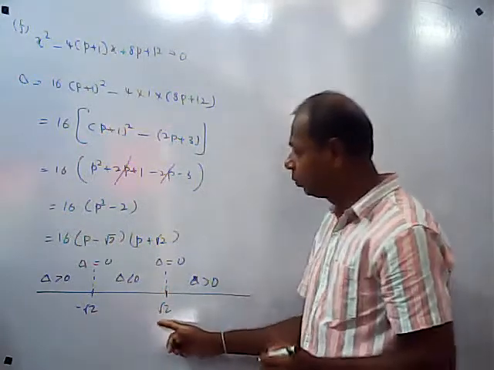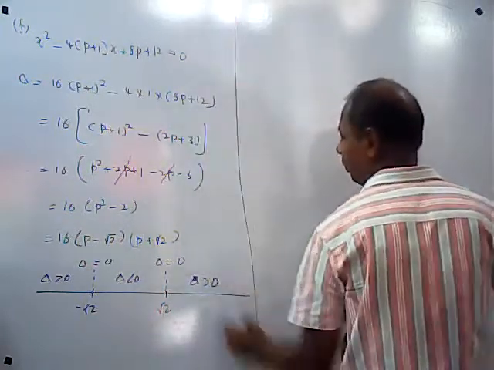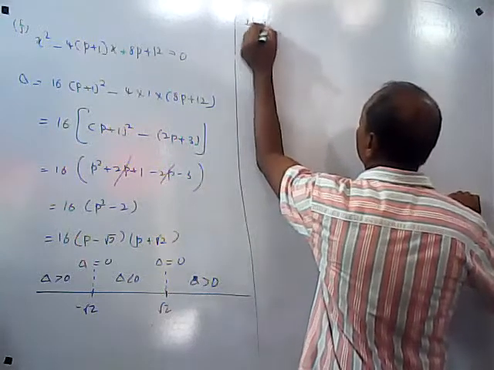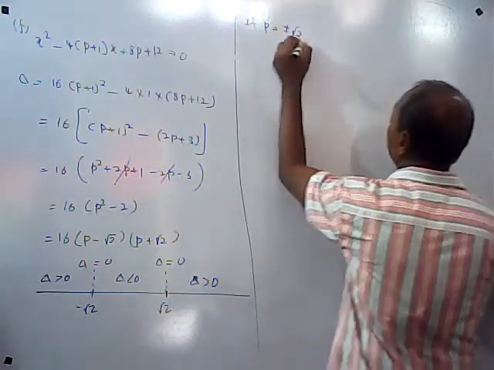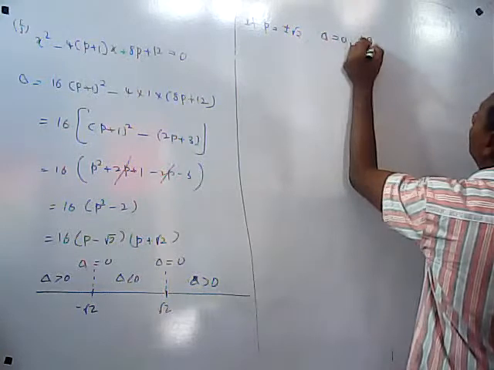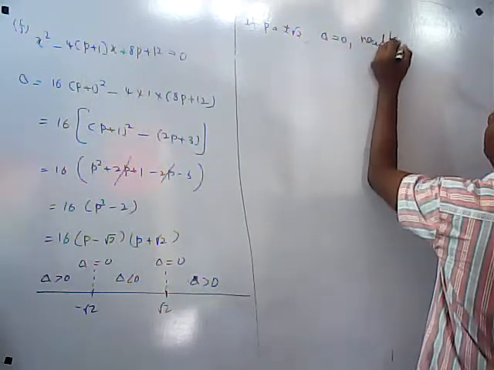If p is equal to plus or minus root 2, delta is equal to 0, real coincident roots.